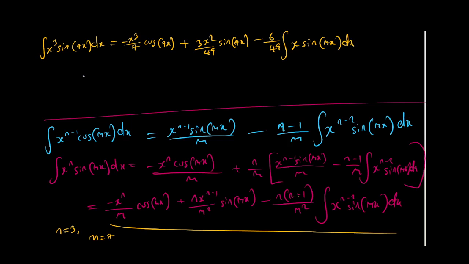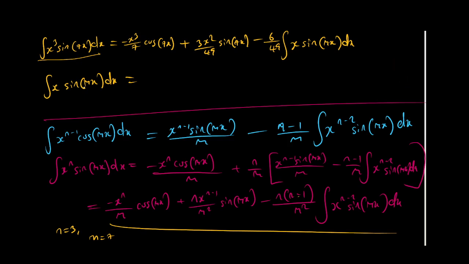So you see that this much more complicated integral has been reduced to this simpler integral, whereby we can easily find the integral of x sin(mx) dx. We don't even need to use the formula, though we could use it if we set n equals -1, because we would end up with an integral that has sin x all over x squared, and this is not something you want to do.